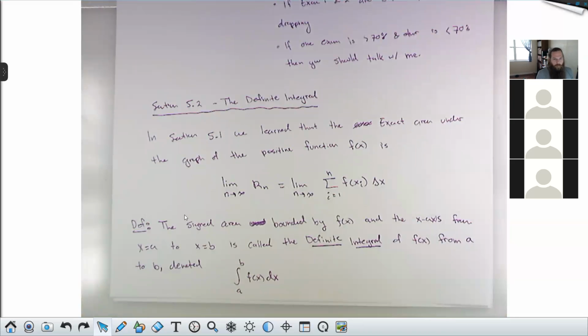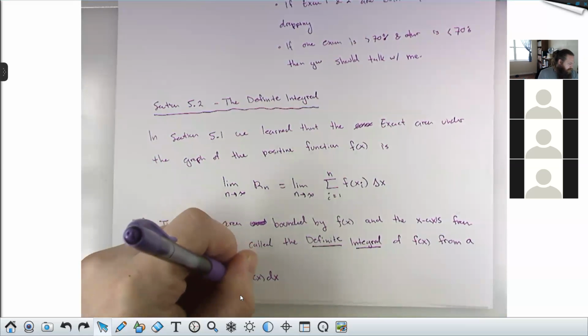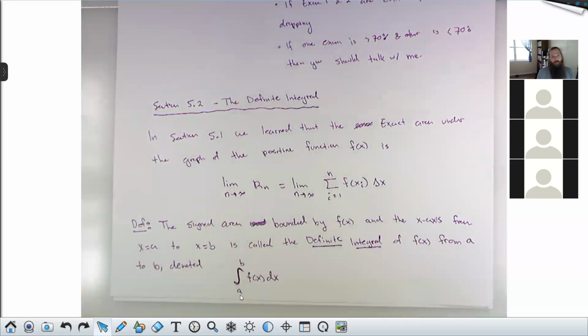So I'm going to explain what I mean by signed area, but it's the same thing that you were thinking about before, right? You're finding the area bounded by the graph and the x-axis between two x values, a and b. The symbol we use for that is this big, long, curly S. It's just stretched out. And it stands for the word sum, S-U-M, in the same way that capital sigma stands for the word sum.